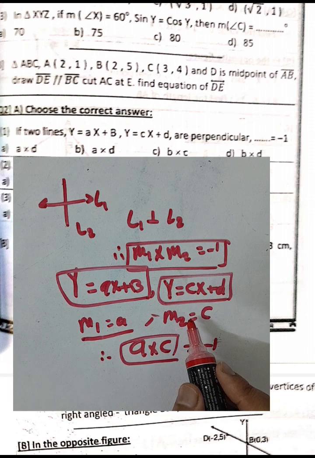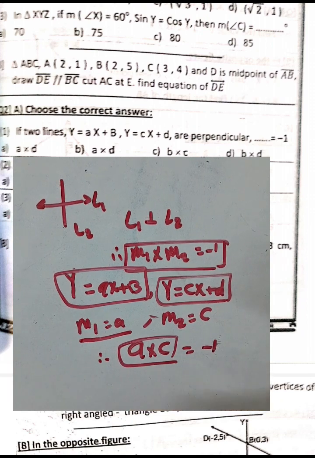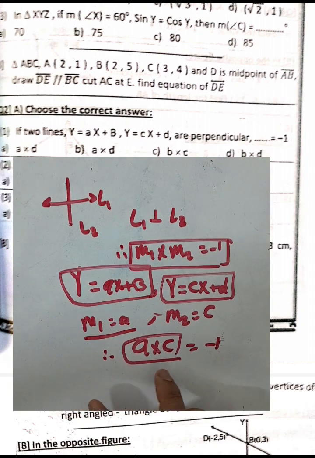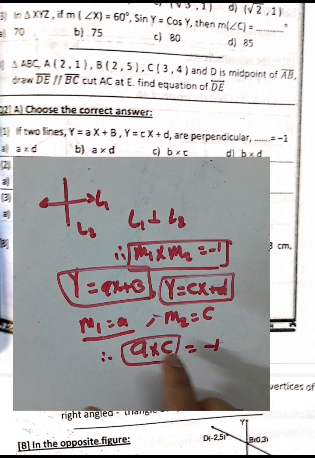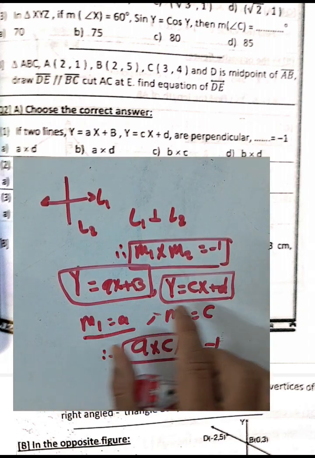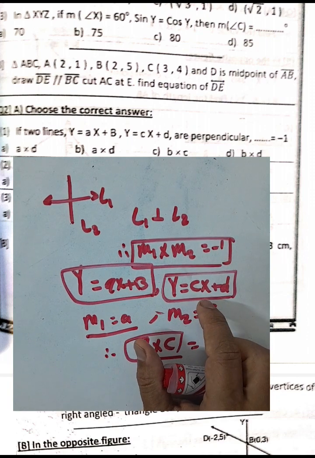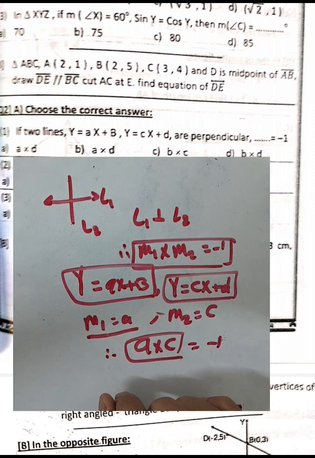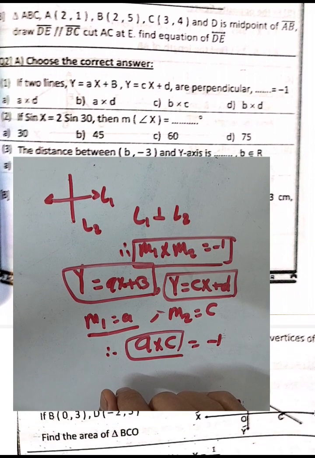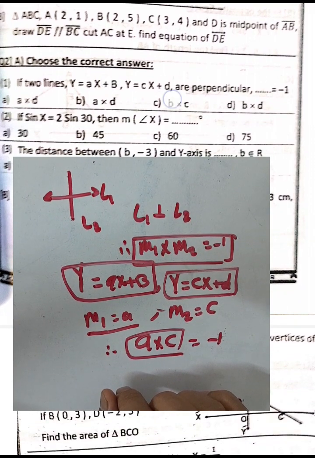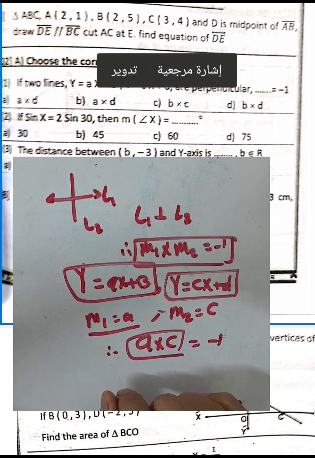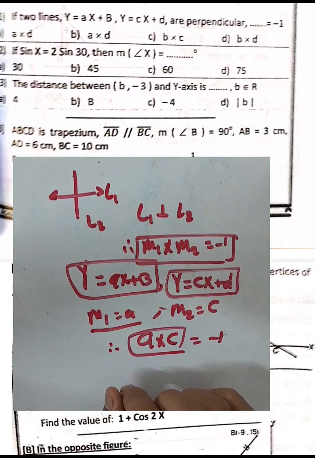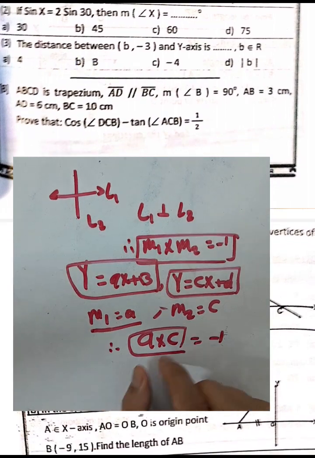Then the product between a and c, okay, right here it's false. Write a product by c equals negative 1 because the slope of the first equation equals a and the slope of the second equation will be c. The result will be a product c equals negative 1. Cancel this here and write a. Cancel b here, okay, cancel it and write a. It's a false question. The result will be a product by c equals negative 1.